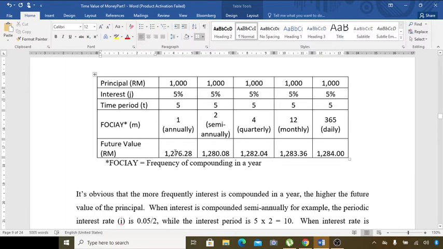Now the future value for annual compounding is 1276.28. For semi-annual it is 1280. For quarterly it's 1282. For monthly it is 1283, and finally for daily it is 1284.